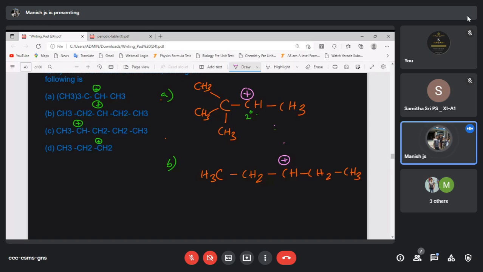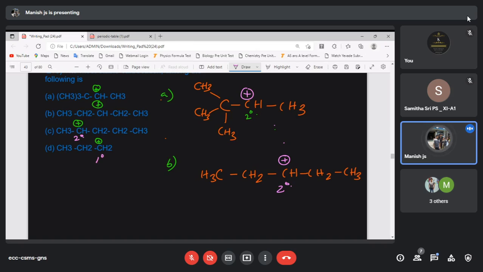Again it is a secondary carbocation, a 2 degree carbocation. Next, C is also 2 degree, and option D is a 1 degree, attached to only one carbon, so it is a primary carbocation.